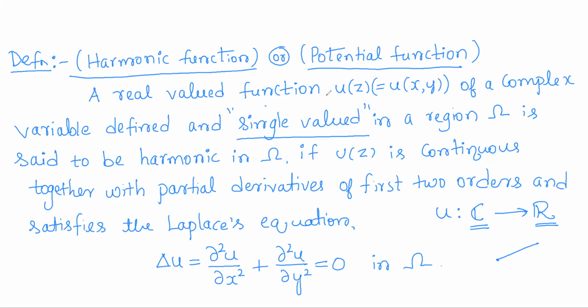A real valued function of a complex variable, defined and single valued in a region omega, is said to be harmonic, we will say it is a harmonic function, if u of z is continuous, together with its partial derivatives of first two orders, that is first order partial derivatives and second order partial derivatives.